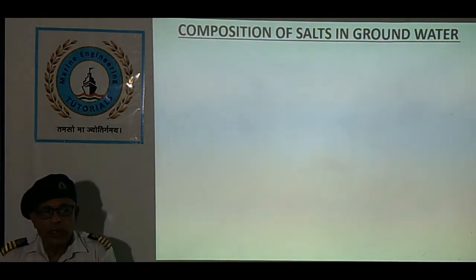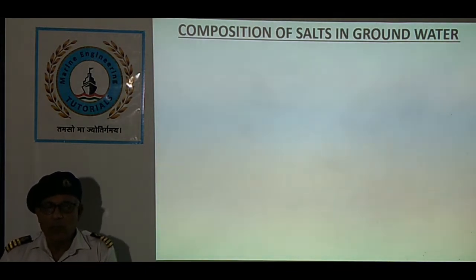Now we will also see the composition of salts in groundwater.